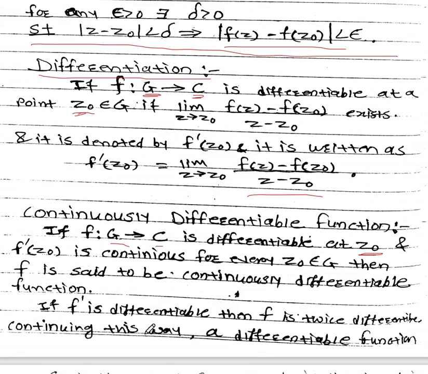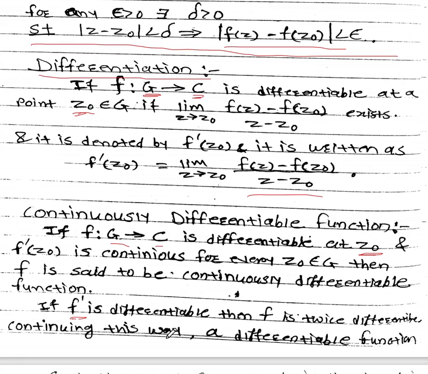If f dash is differentiable, then f is twice differentiable, and so on. What is the meaning of f double dash? It means the double derivative of f of z. When we say that f is a differentiable function, that means f dash of z exists.